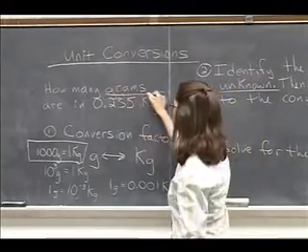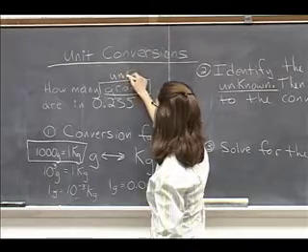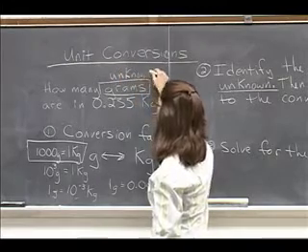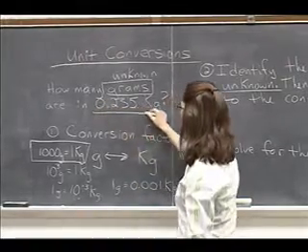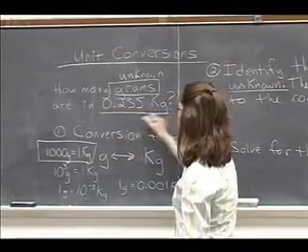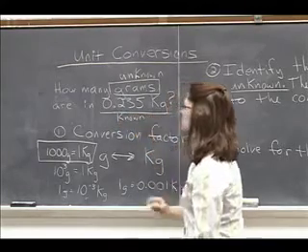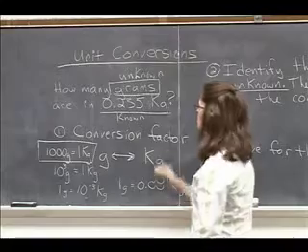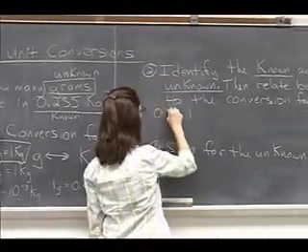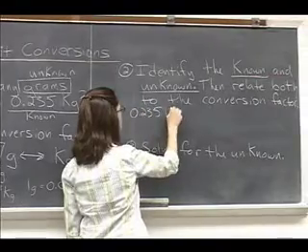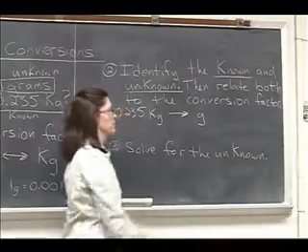So the grams, that's our unknown. We want to know how many grams there are in 0.235 kilograms. This is our known. So I need to relate 0.235 kilograms to grams.